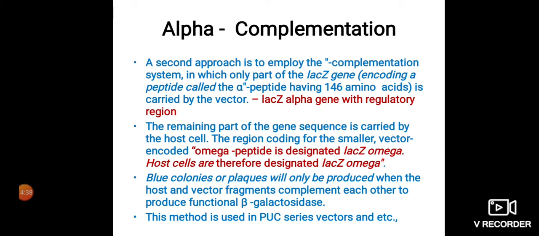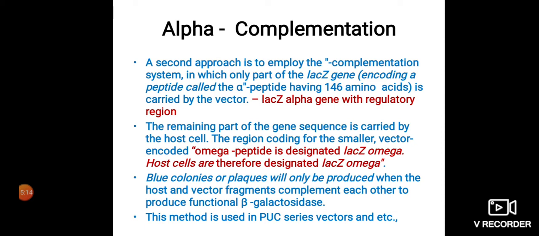During vector construction, they constructed a vector carrying the promoter region of the beta galactosidase or LACZ gene, along with only the first 146 amino acids coding nucleotides of the LACZ within the vector system. Because of this, the vector is not able to produce a functional protein by itself. It can produce only the alpha part.